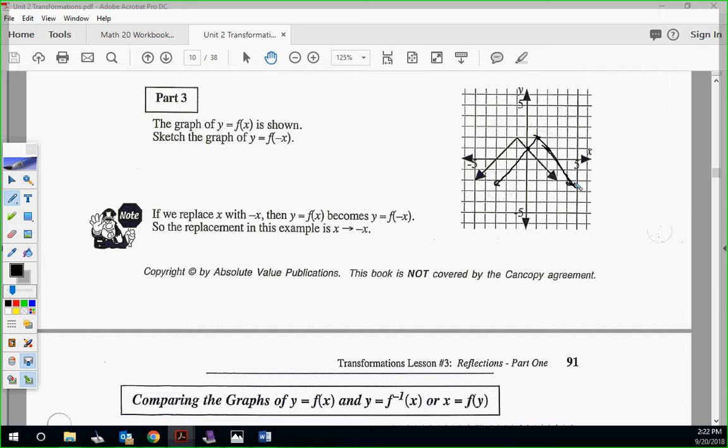There it is. So my invariant for this one is 0, 1. If you just want to write that down for practice.